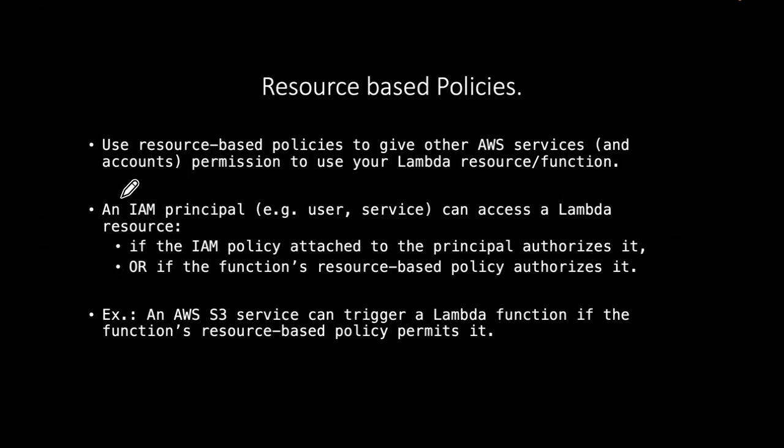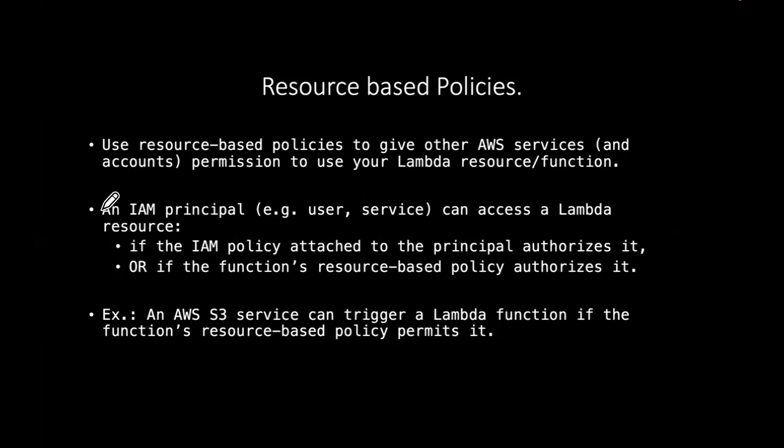And so in general, an IAM principal could be a user or some other service. An IAM principal can invoke your Lambda function if either A, the IAM policy associated with the principal allows it to do that, or if this function's resource-based policy allows it to do it.